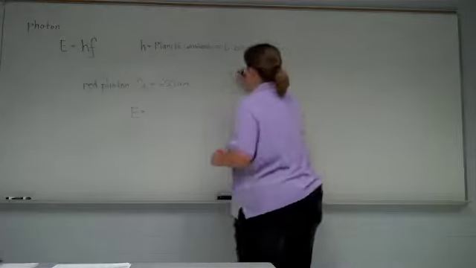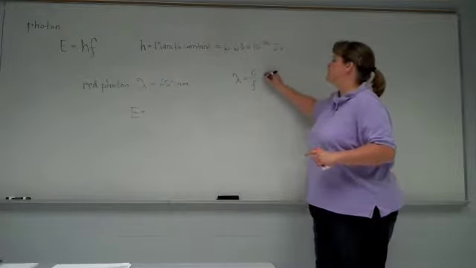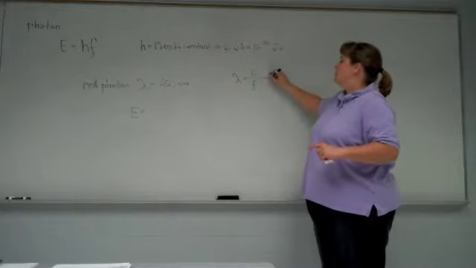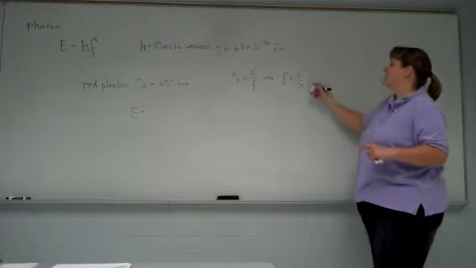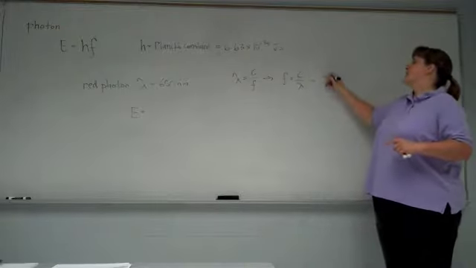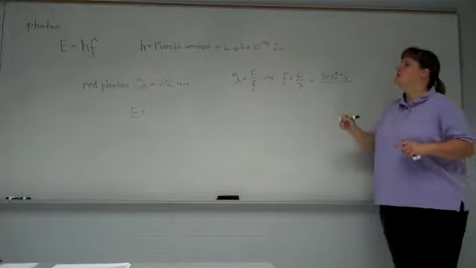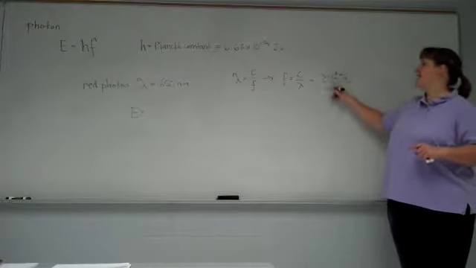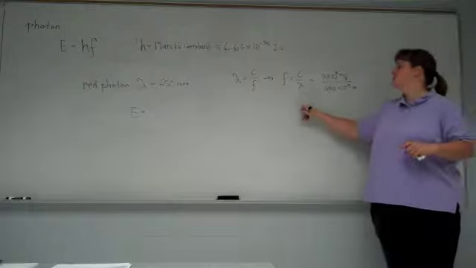Right. So wavelength will be the speed of light over the frequency, which means frequency is the speed of light over the wavelength. So speed of light we know is 3 times 10 to the 8th meters per second. Wavelength 650 nanometers, so 650 times 10 to the negative 9 meters.